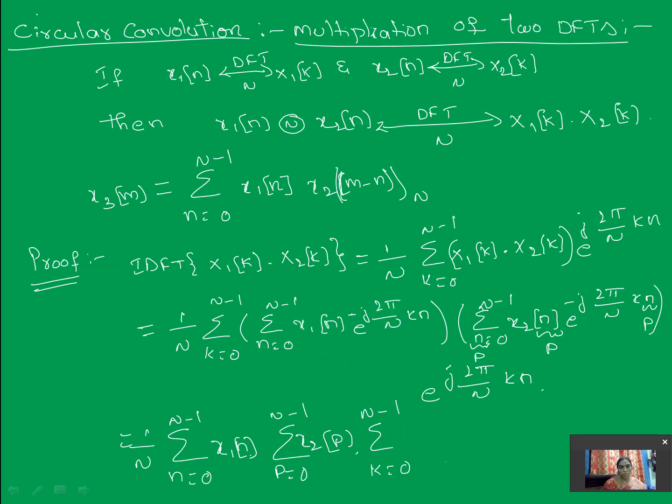These terms, right? So now combine all this, and I am writing like this, j 2 pi k common.